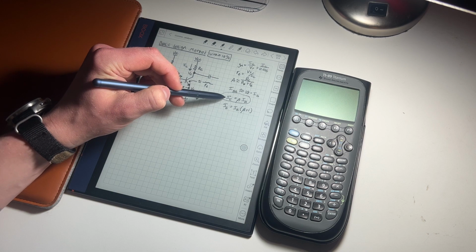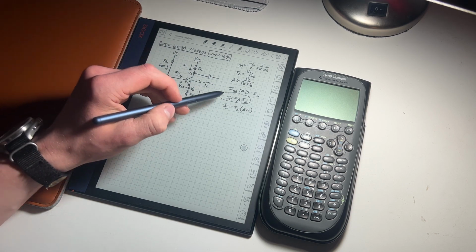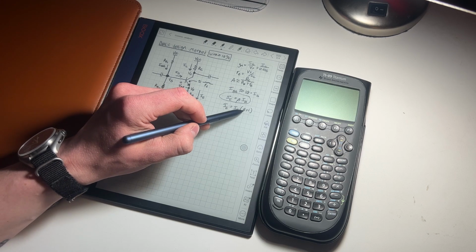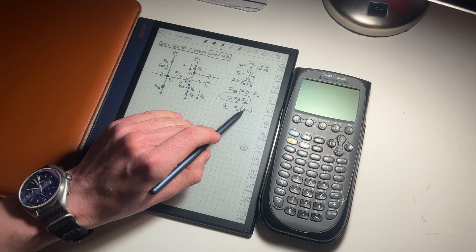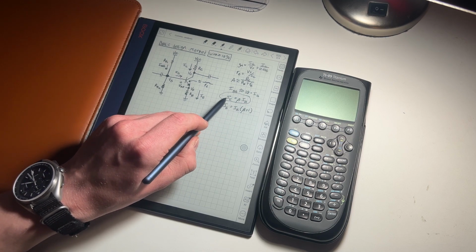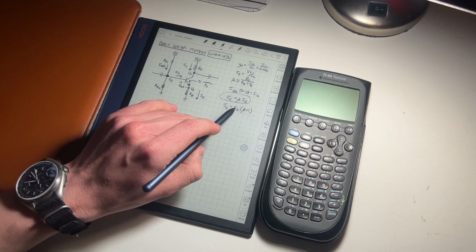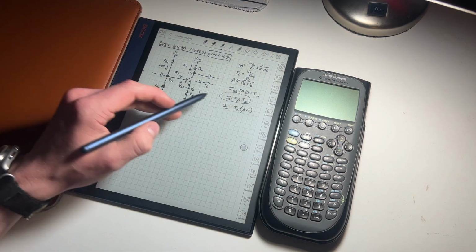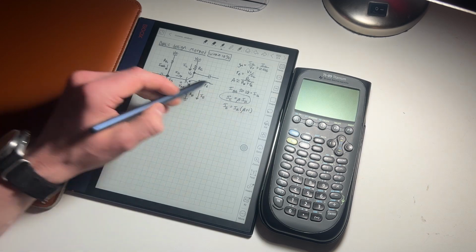From this equation here, IC equals beta times IB, that is essentially what is written here. So you have IB times beta, which is your collector current, and then IB times 1, which is just your base current. So this is what's determining your emitter current.